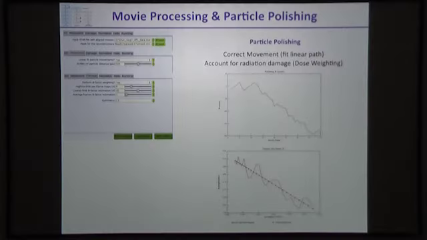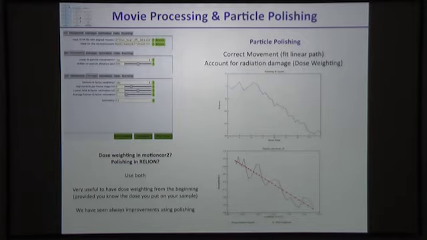Provided you have a good reconstruction, we've seen that this will improve the results compared to what you can do with MotionCor. And this is just another example of a B factor plot with a sample that is a bit more noisy, but you can see that the behavior is still the same.